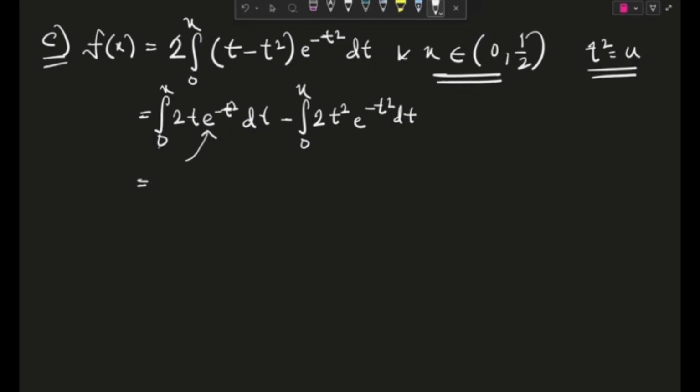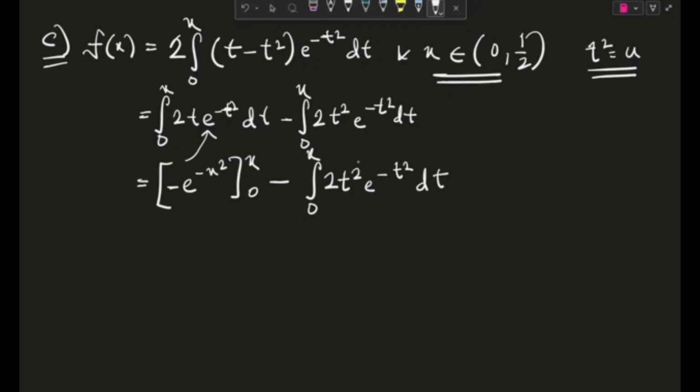I am not going into the substitution and all. You can take e^(-t squared) as u, then you will have 2t times e^(-t squared) as du. This will automatically come out to be minus e^(-x squared), and limits will be from x to 0. I put the original limits because I have not done substitution. And this is your minus the integral from 0 to x of 2t squared e^(-t squared) dt.